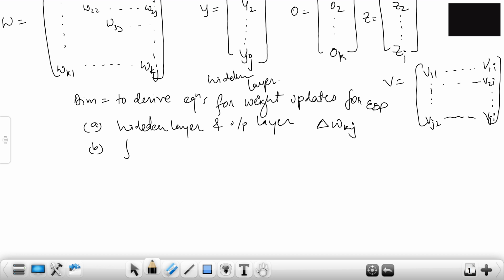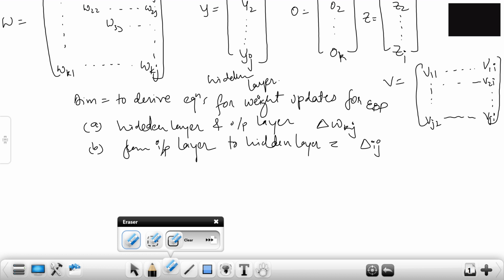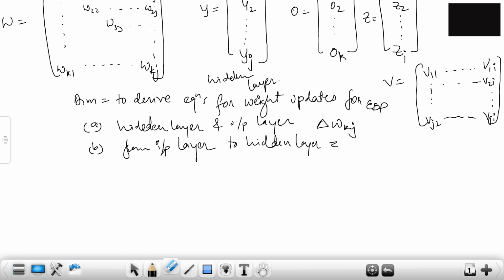The V part is from the input layer to the hidden layer, so that is going to be delta Vji.